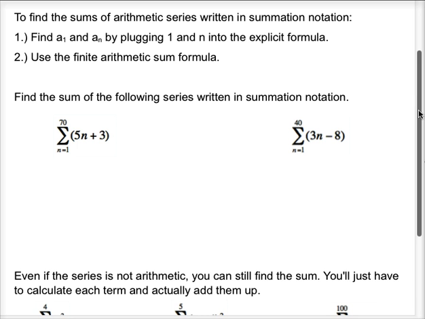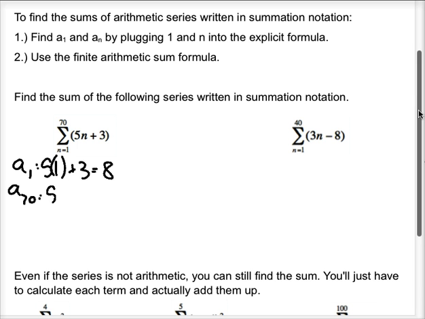All right. So, a1 of this series, the first term of this series, is going to be plugging 1 in. So 5 plus 3 is 8. We have 70 terms.